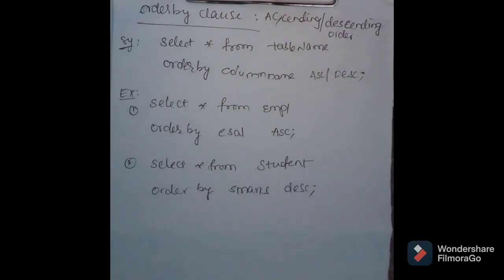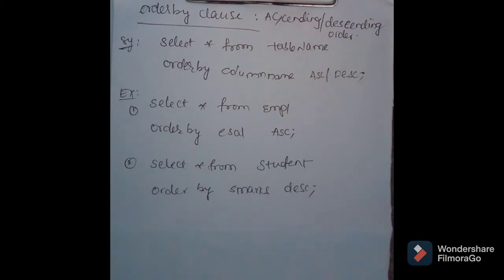Now, next we'll discuss another new topic, that is the order by clause. By the name only we can easily make an assumption that this keyword is used to arrange the values in a particular order. For example, I have a list of products. I want to arrange them according to the weights, or according to the cost, or according to the alphabets, or anything like that.